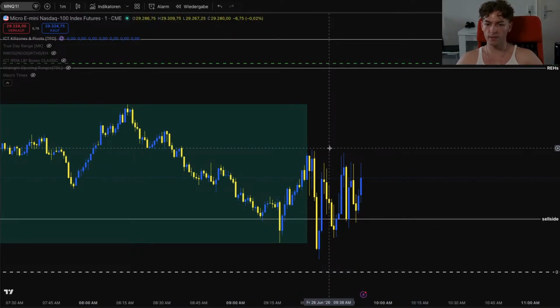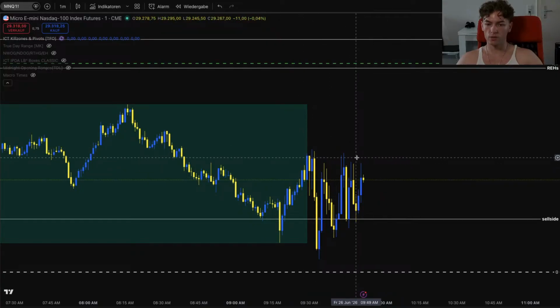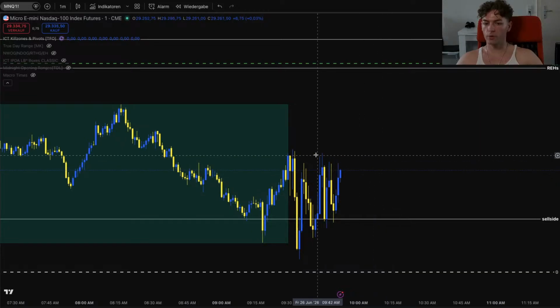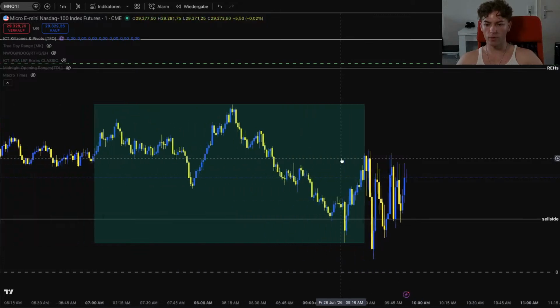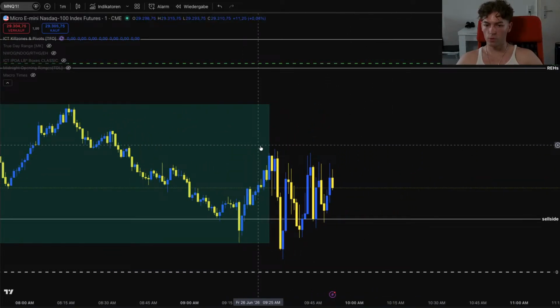So what they see is, oh yeah, we have resistance, so they're looking for shorts. Why? Because of resistance. Why? Because we are bearish on the daily chart right now, so they want to chase price. And there you go. So we build sentiment.